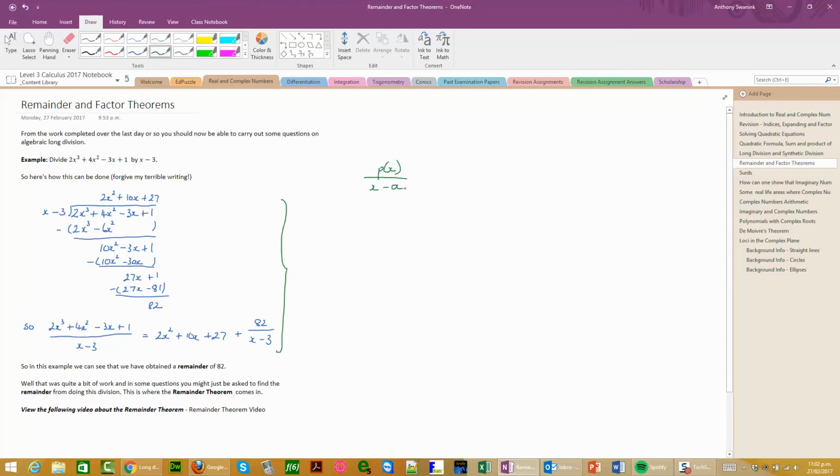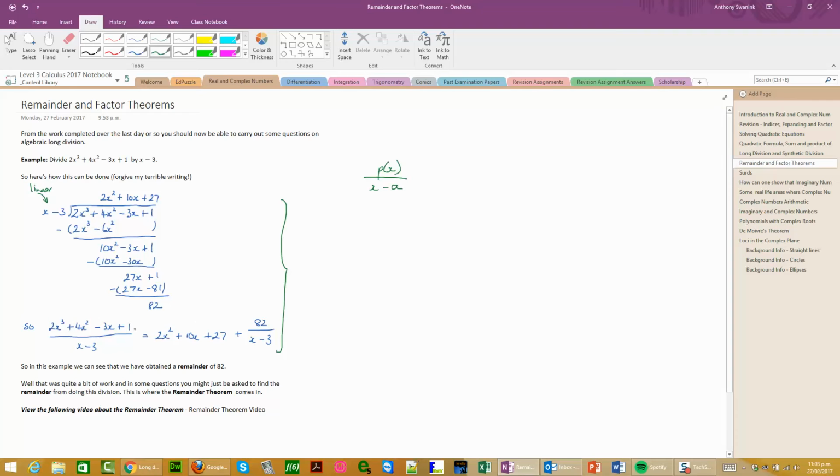of other polynomial. One important thing for this remainder theorem to work is that the thing we're dividing by, like in this situation, is a linear polynomial.